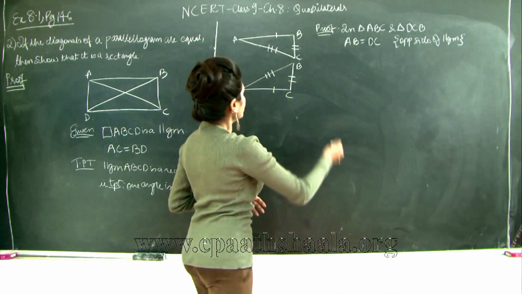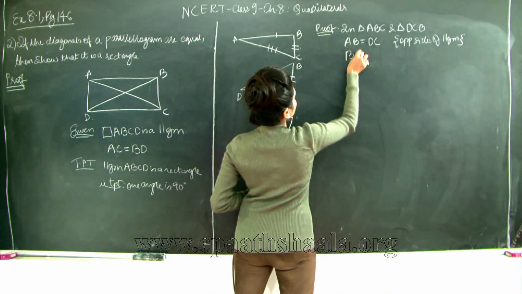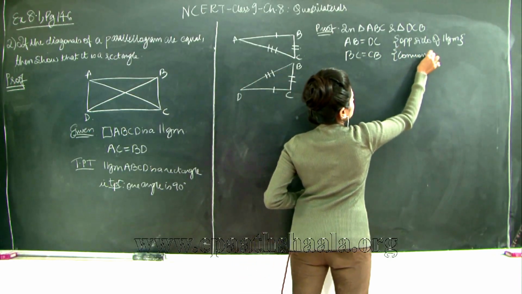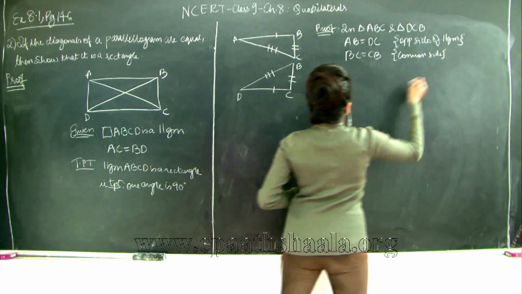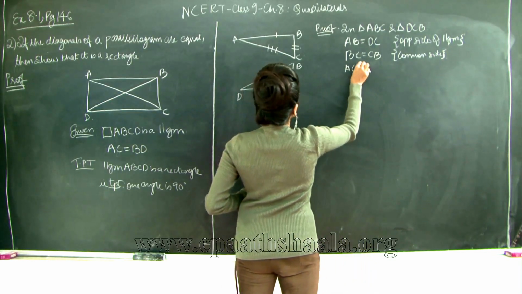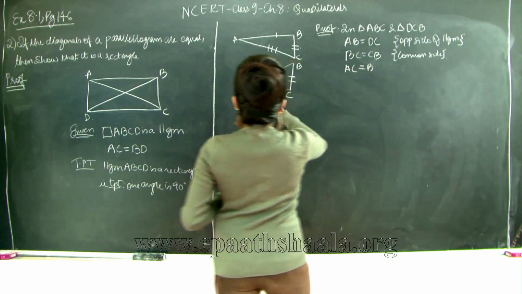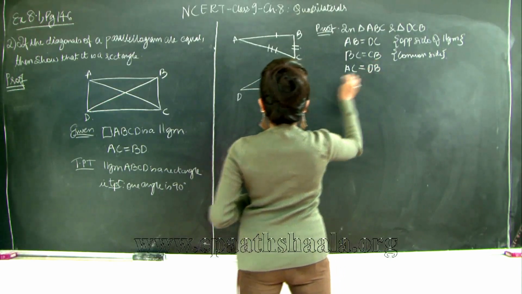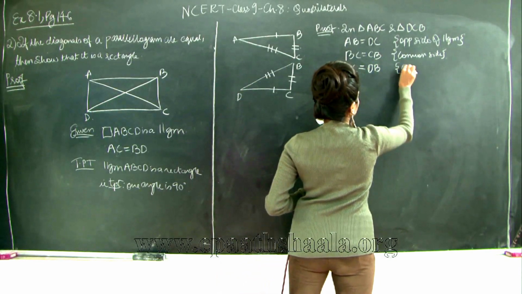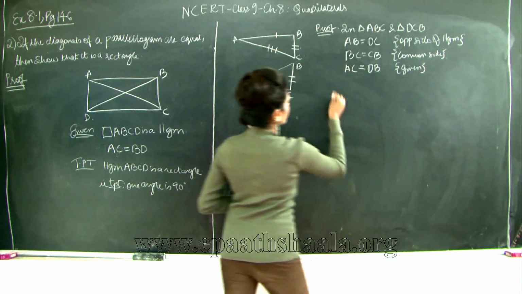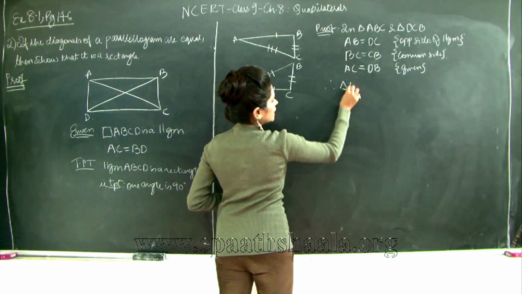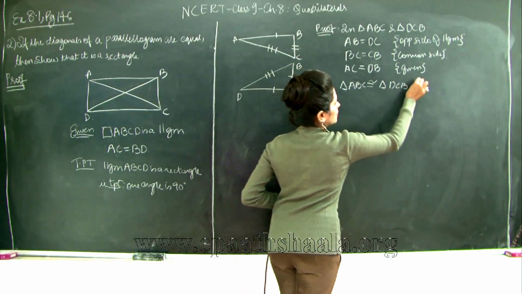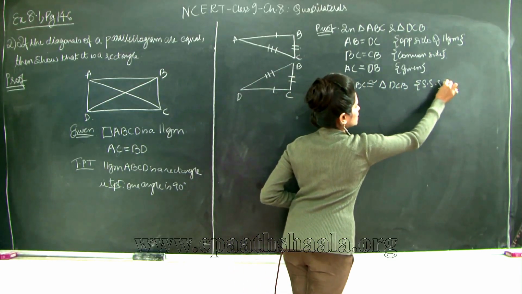Then I have BC is equal to CB, common side. Also, I have AC is equal to DB. This is given. Therefore, I will say that triangle ABC is congruent to triangle DCB by SSS test of congruence.